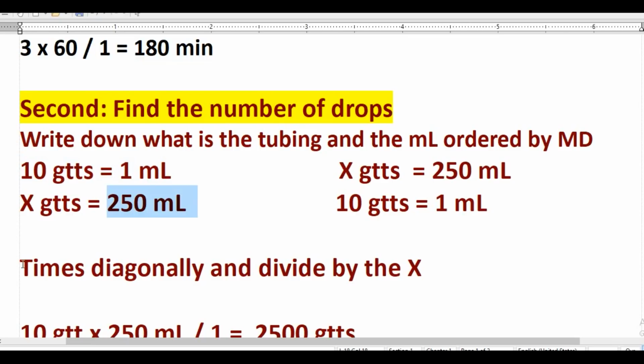So we times diagonally and divide by the X. We times diagonally. 10 times 250, diagonal, right? This is diagonal here. Divided by the 1.